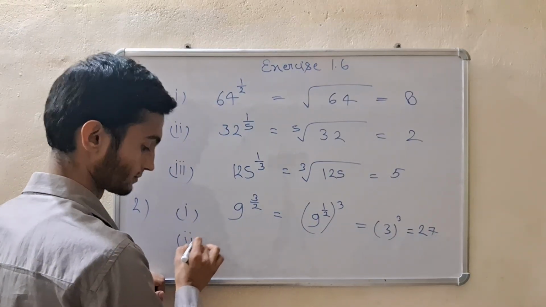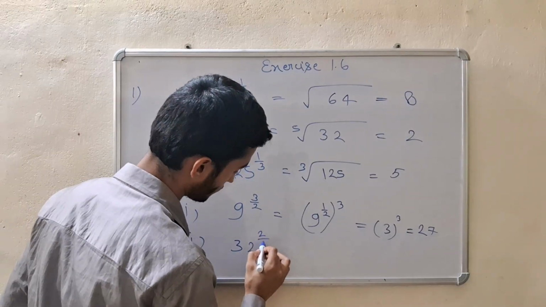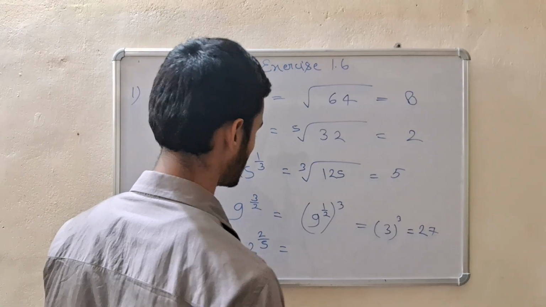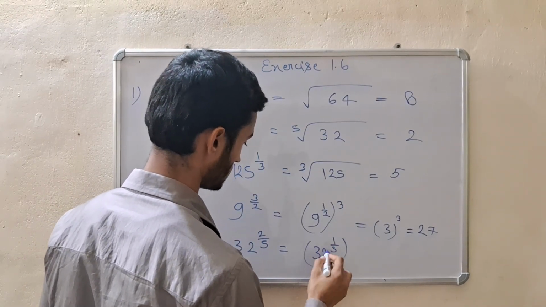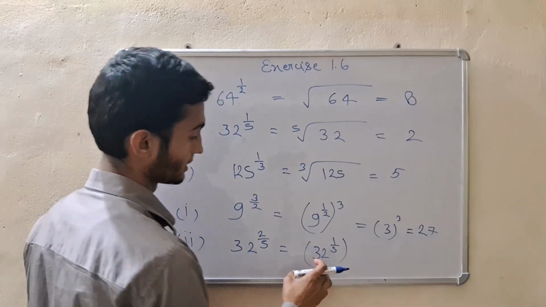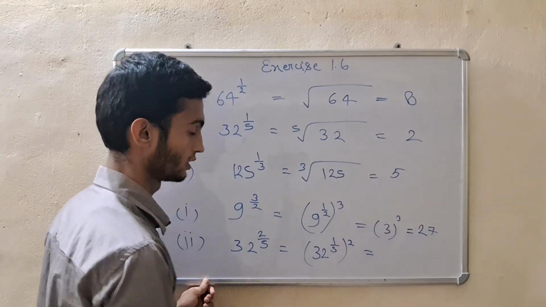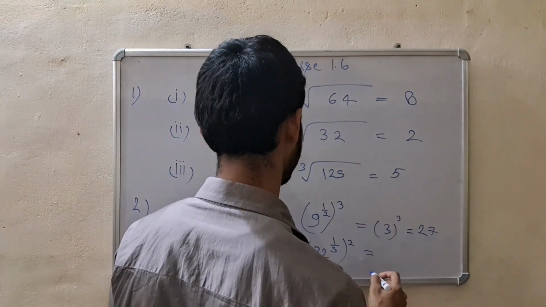Now the second one, 32 to the power 2 upon 5. What is this? First we do the same: we take the 1/5 power first, and then it is raised to the power 2.